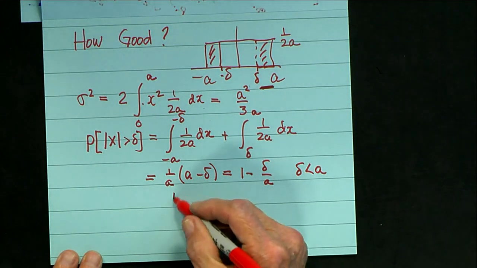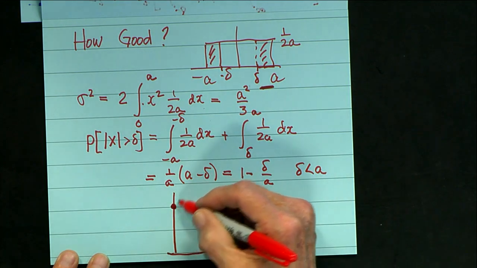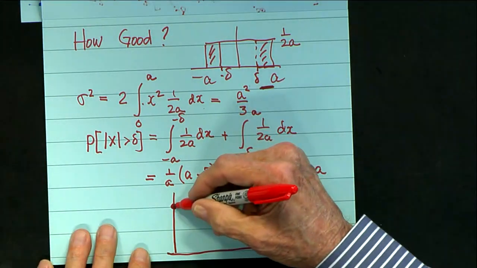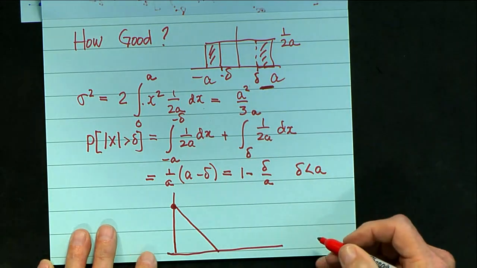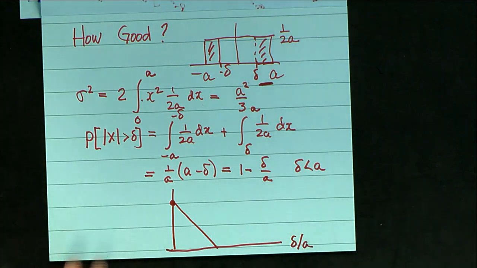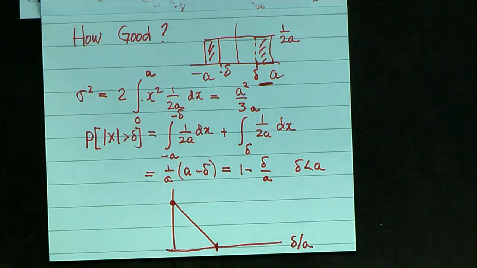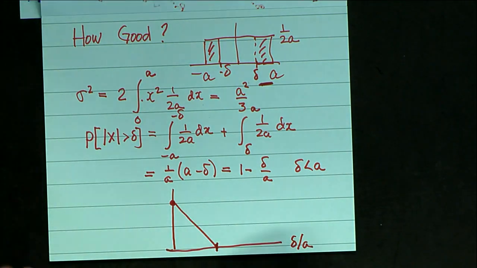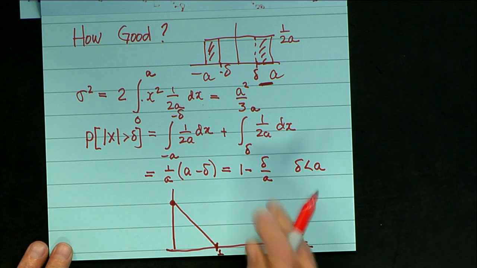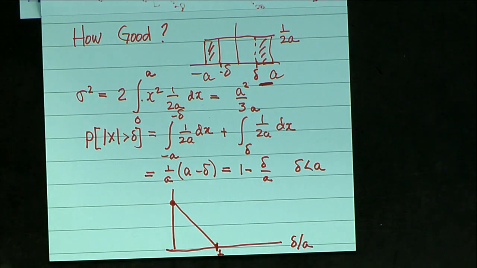And so this is what the probability looks like. Here's 1, it goes down like this, and this is delta over a, and this is 1. If delta over a is 1, there's no mass outside. If delta is greater than a, there's no mass out there.